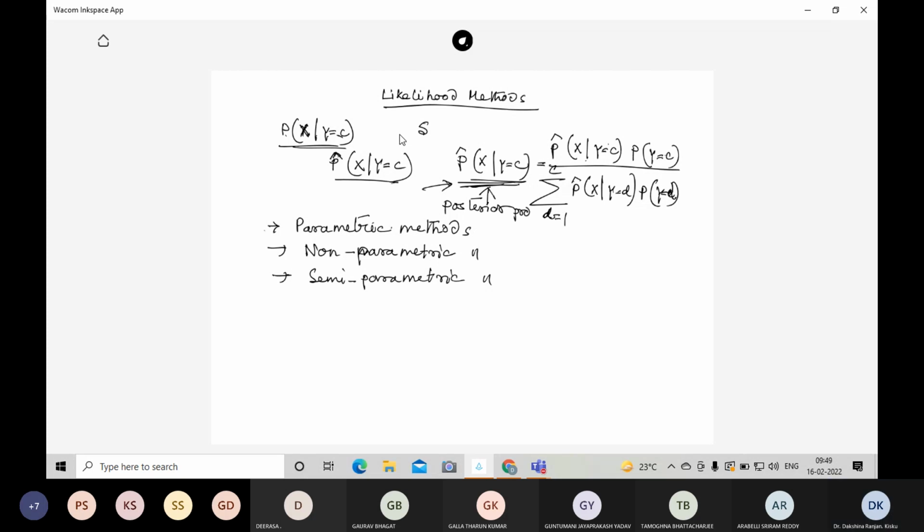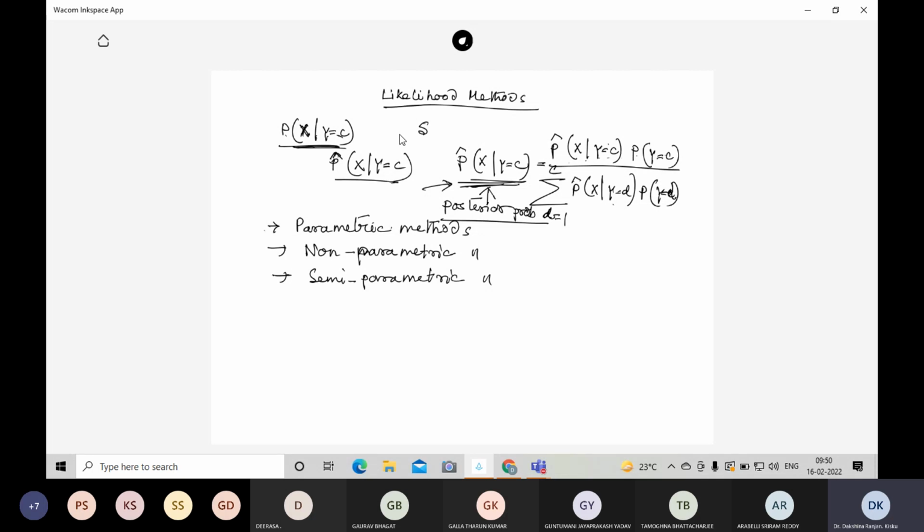Okay, so we try to estimate this posterior probability from the given likelihood, and this will be estimated in terms of the likelihood p cap of x given y equals c, which is multiplied with marginal probability p of y equals c. Okay, and divided by the evidence.